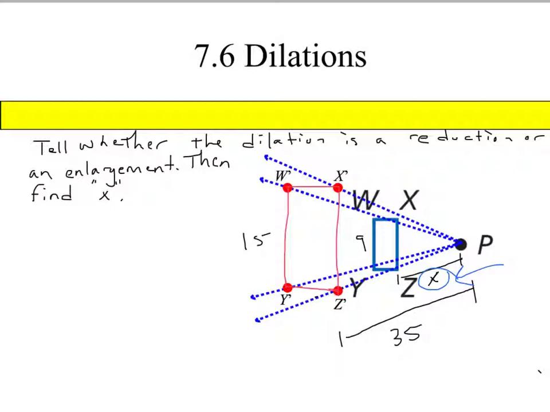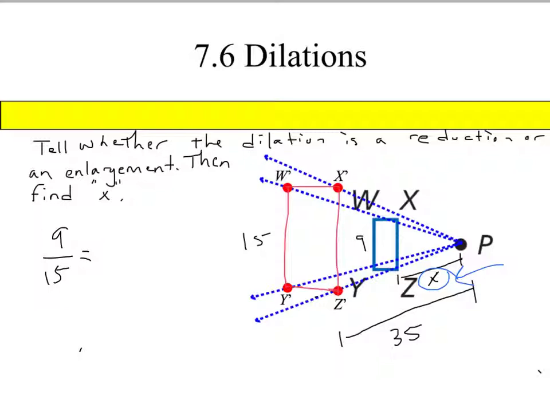I'm going to look at my rectangles first, and I'm going to write my pre-image side over my image side. Now you could go the other way, you could go 15/9, but you need to make sure that the ratios that you set equal to each other form a proportion.